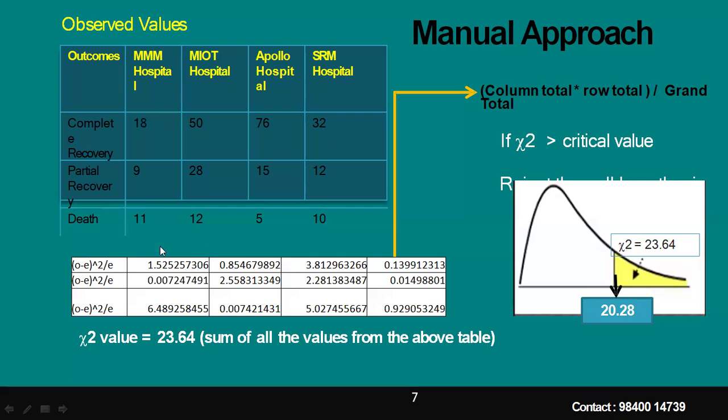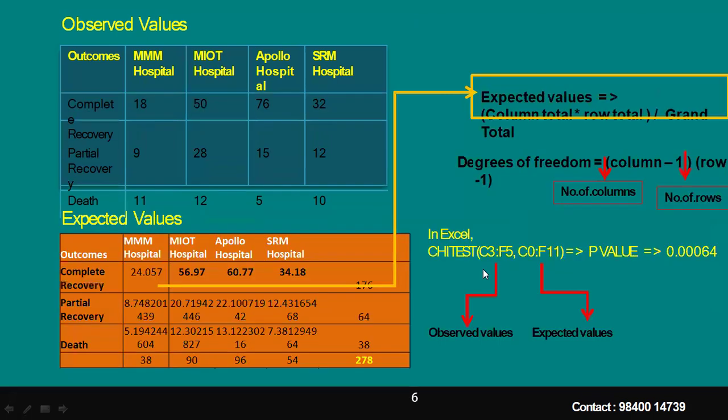So the expected value is the column total into the specific row total divided by the grand total. Column total into this row total divided by the grand total, you get this one. Column total and then this one, you get this one, and this one the same thing. This column total into row total, you'll get this one. Okay, that's how we got this one, right?